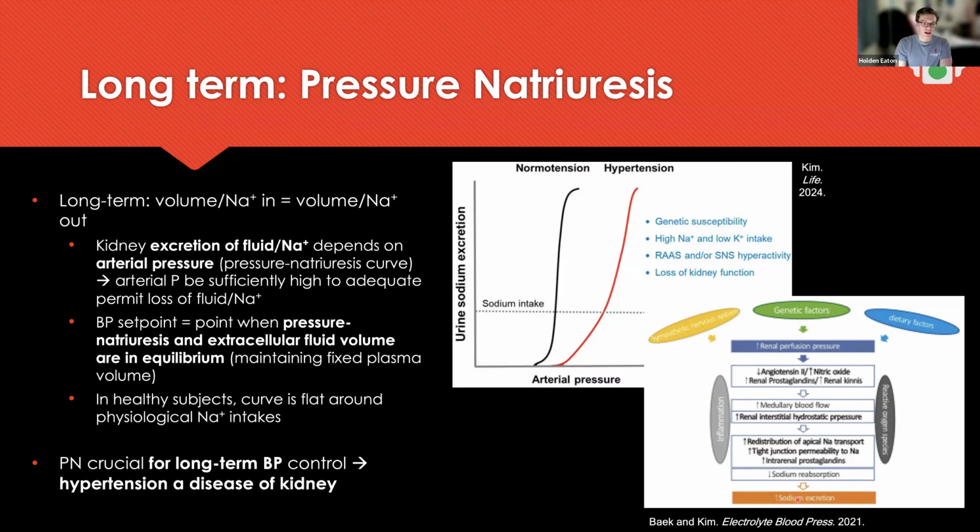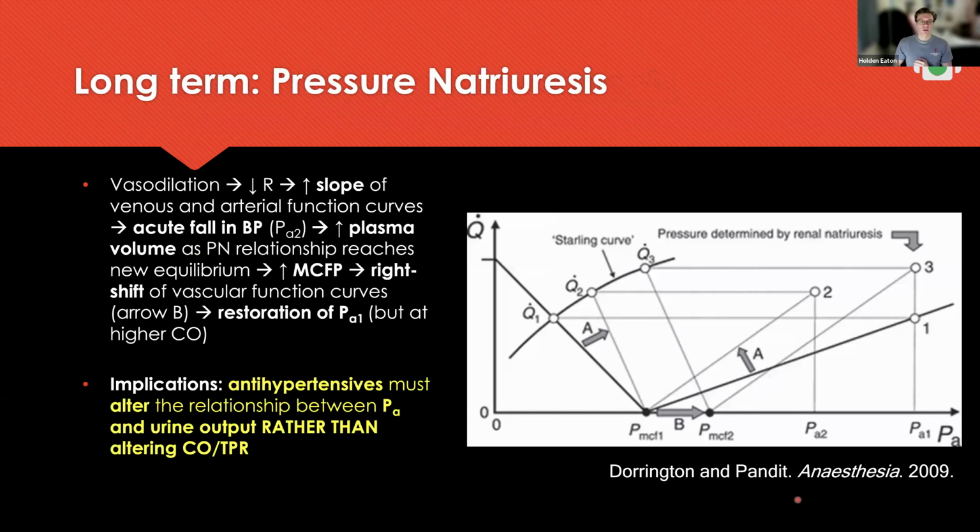And as I said, if hypertension changes the relationship between pressure and sodium excretion, or fluid and sodium excretion, we can therefore extrapolate that hypertension is a disease of the kidney, amongst other things, because the kidney is the key to that relationship.